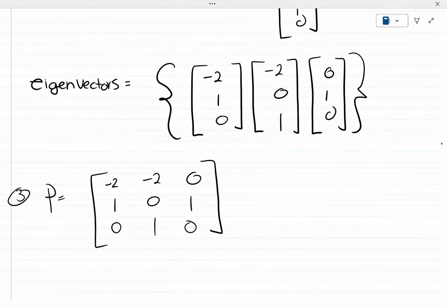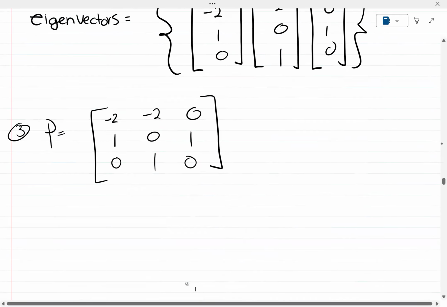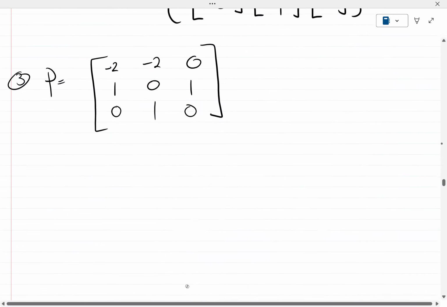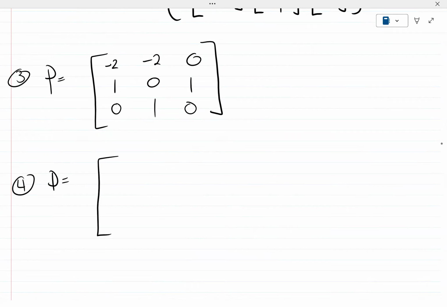And then our D is when you make the diagonal zeros. So our D is our lambda. Our lambda was 2, 2, and 3, right? And then you make everything else 0. My D is going to be 2, 0, 0, 0, 2, 0, 0, 0, 3.